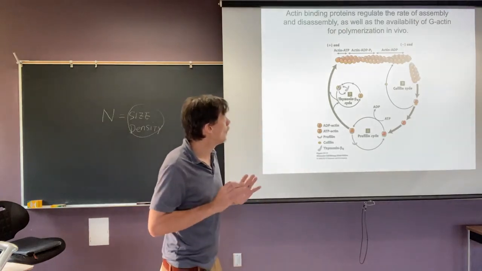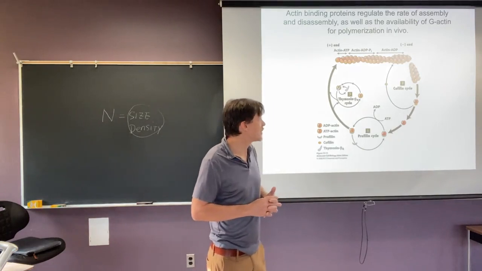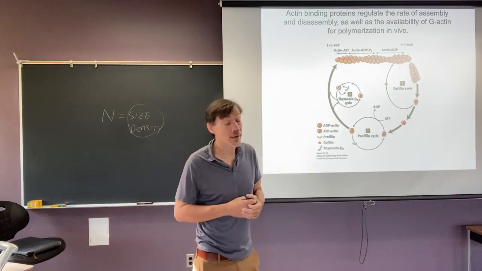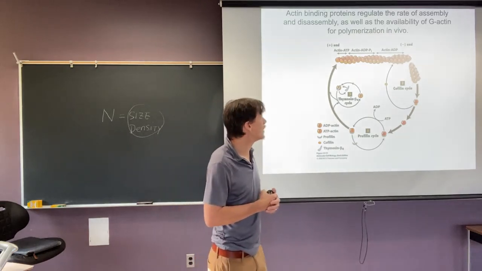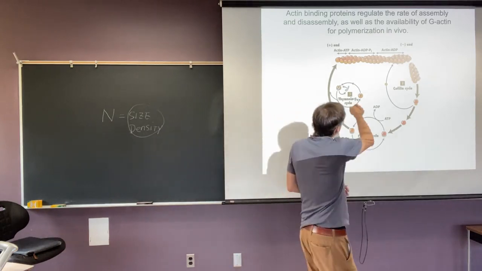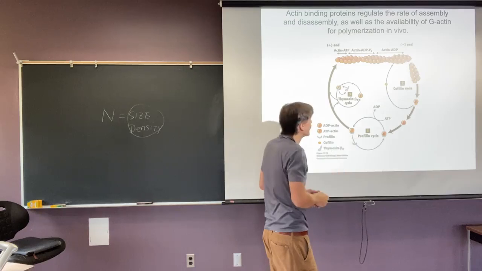All right. When we start talking about actin in the context of the cell, there are a couple of different proteins that are critical for regulating actin assembly and disassembly. So here we have up top an actin filament. The plus end is over here, the minus over there.